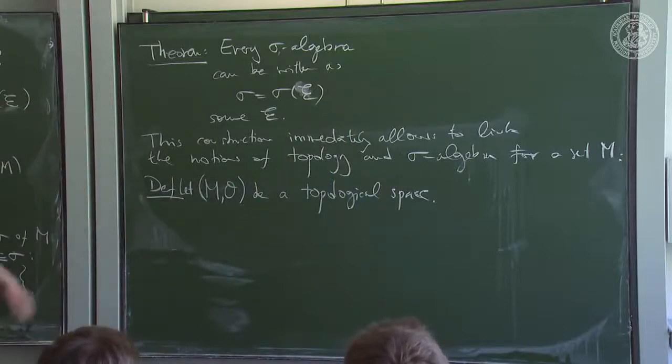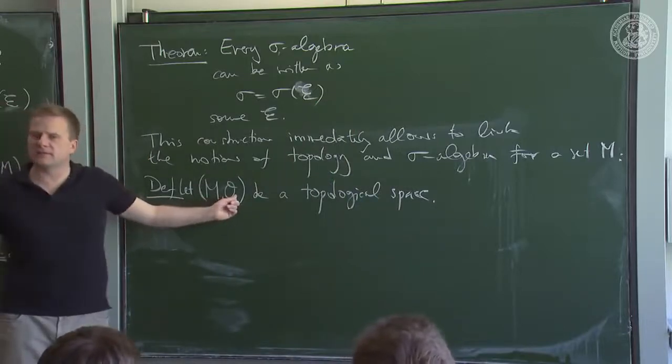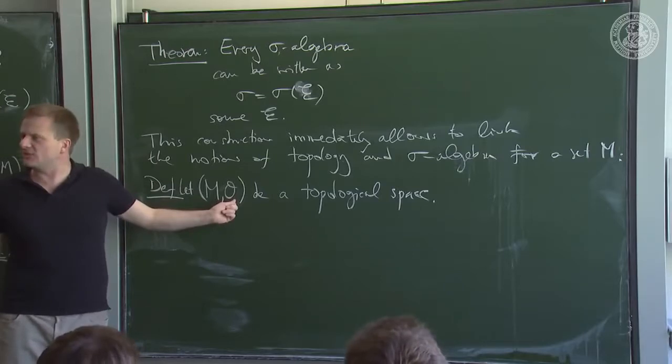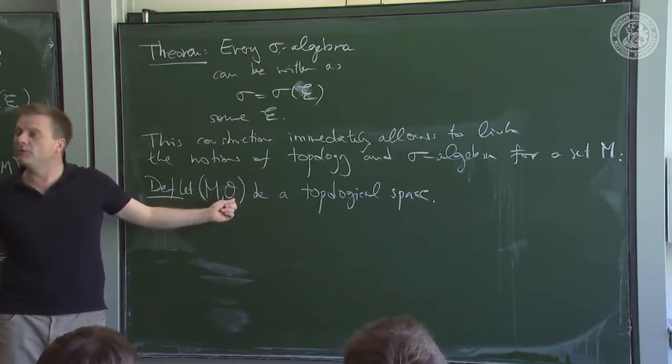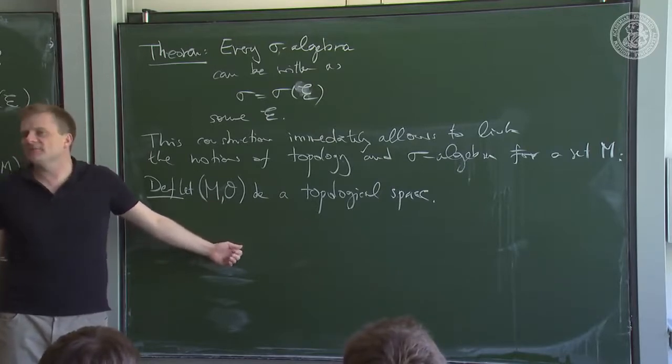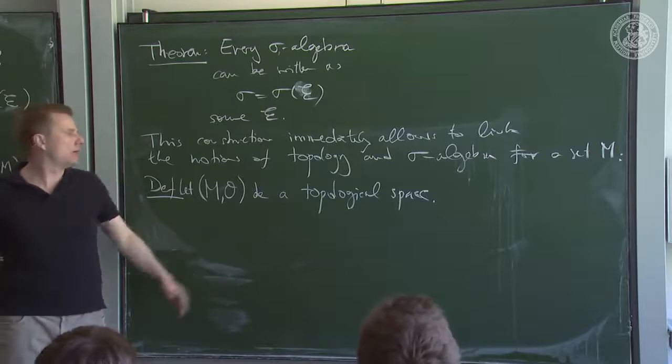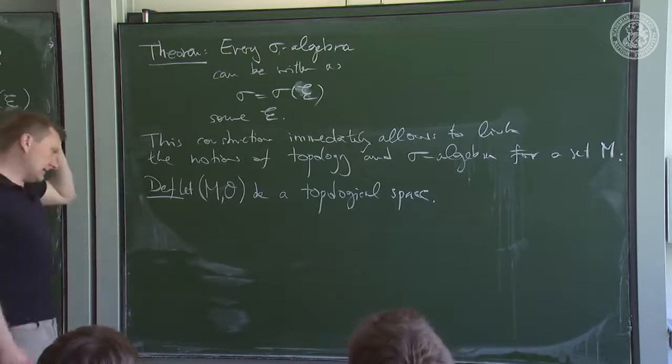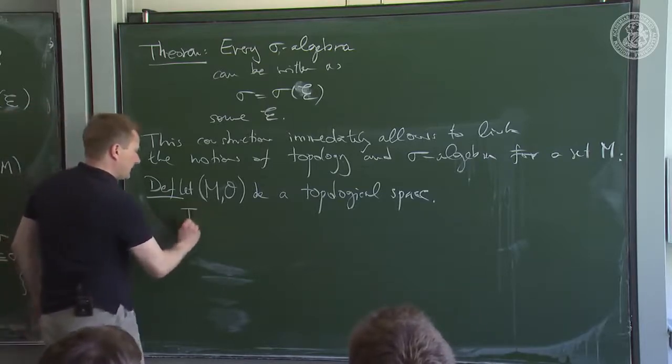And the question is, you already made a choice for open sets. Couldn't you use that choice and that choice only to also define measurable sets? The answer is yes, but it's a specific way to establish a sigma algebra.